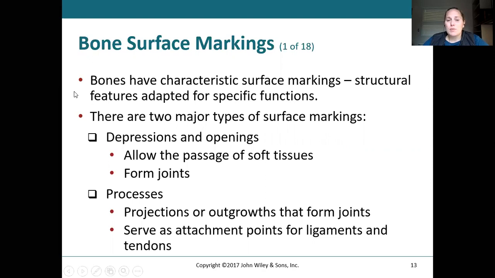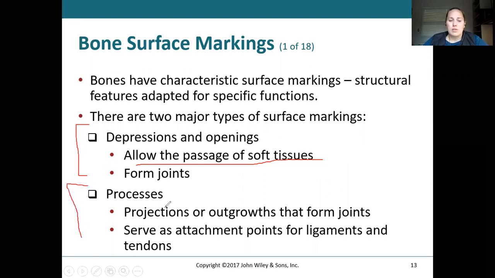Okay, so again, bone surface markings: bones have specific characteristics. The structure of a bone is going to aid in its function. If we look at the overall two different types of bone surface markings, you can have depressions and openings, and this is going to allow the passage of soft tissues or things like nerves or arteries through a particular bone, and we're going to see that a lot within the skull.